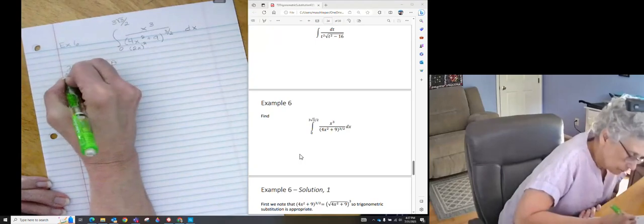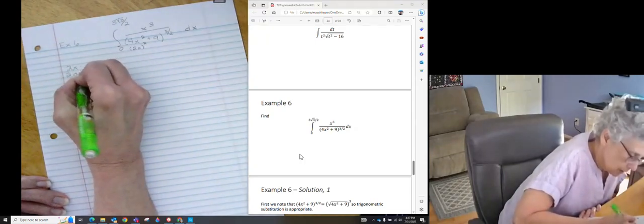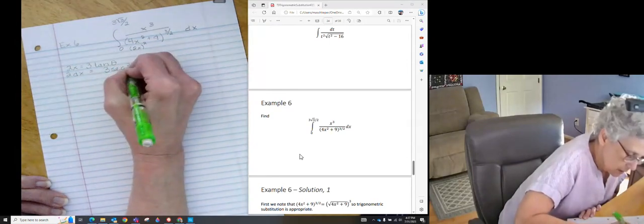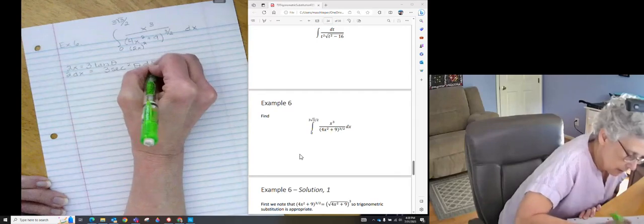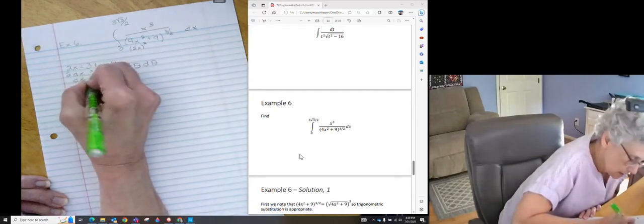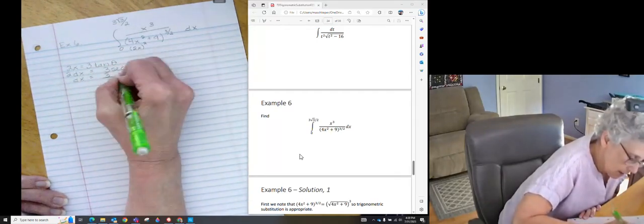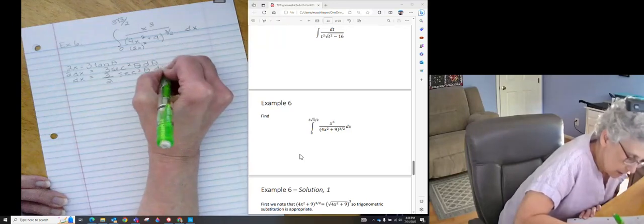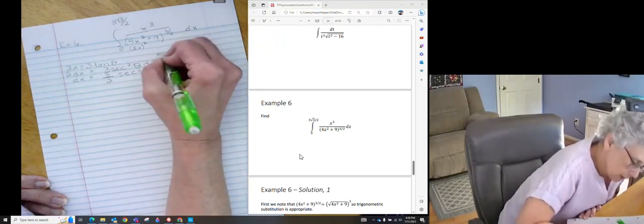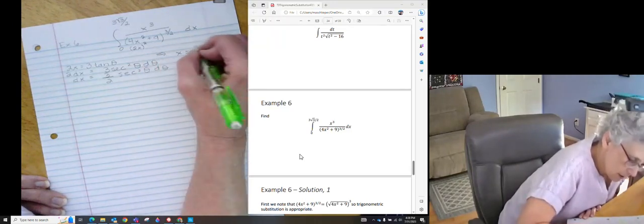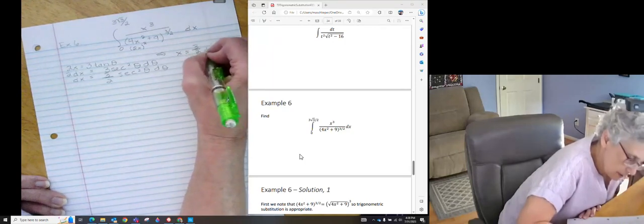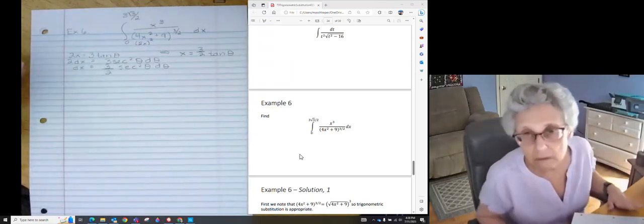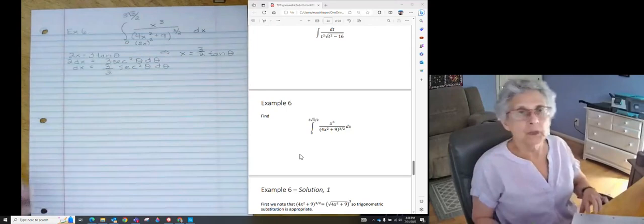So then 2 dx is equal to 3 secant squared theta d theta. So dx is just 3/2 of secant squared theta d theta. And you could go ahead and say that x is equal to 3/2 tan of theta, just to simplify things.